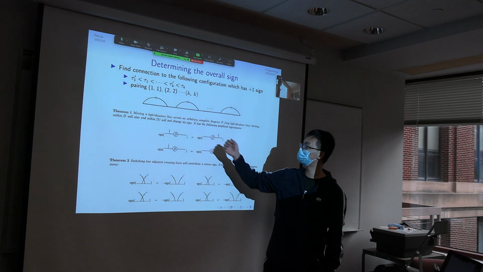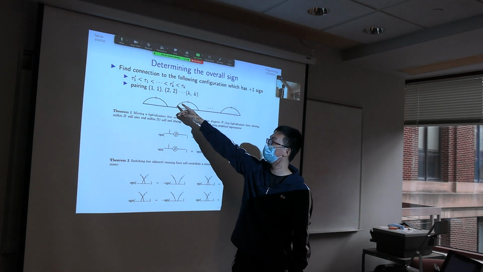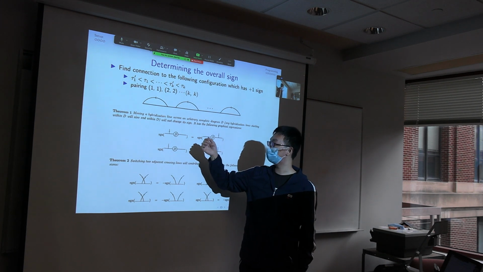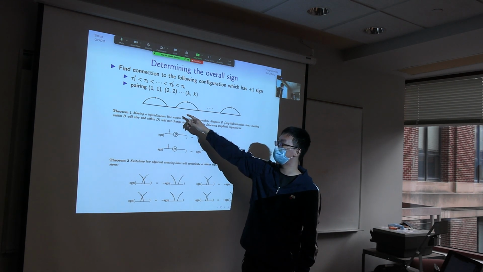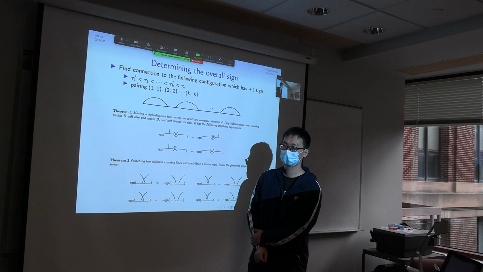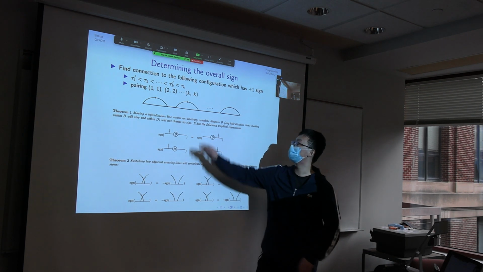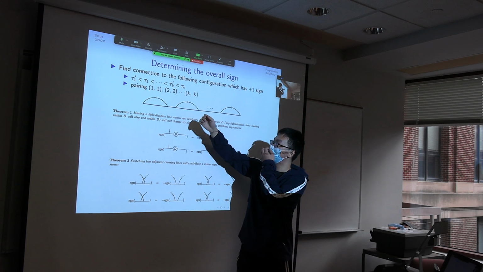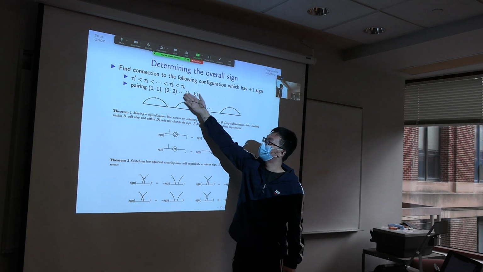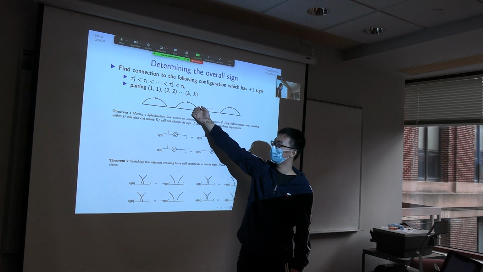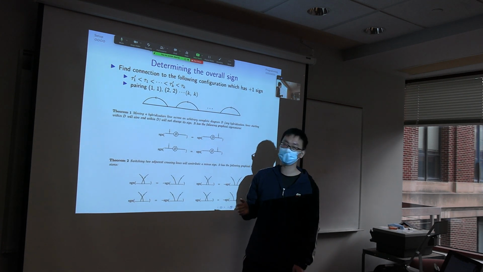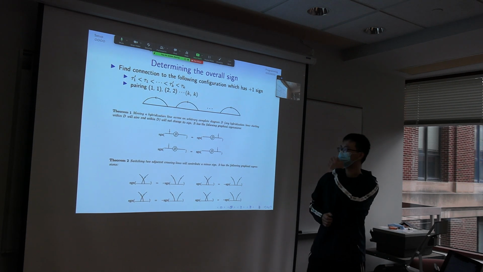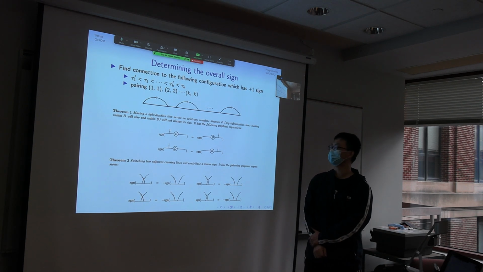This configuration is tau 1 prime less than tau 1 less than tau 2 prime less than tau 2, etc., and the i-th D is paired with the i-th D dagger. From the first thing, we know that the sign coming from the time ordering of D and D daggers is +1. From the second one, we know that the sign from the determinant is also +1. So we just want to find the connection to this configuration.